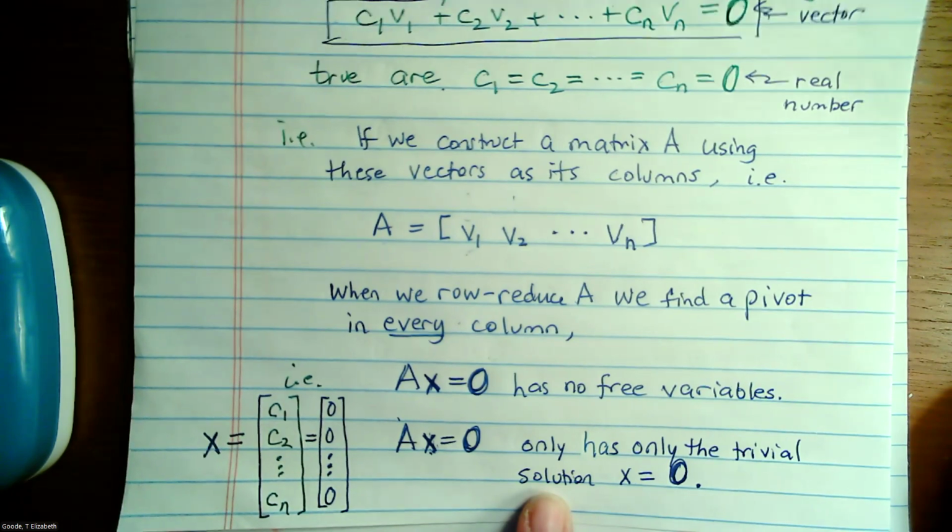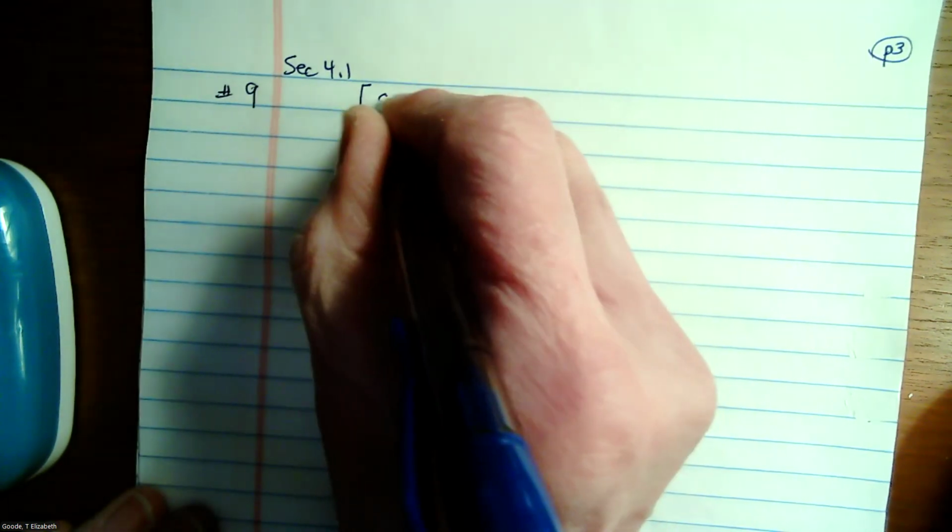Okay, so that's a good review. Well, let's go back to this set now. This is section 4.1. And we have vectors that look like S, 3S, 2S.